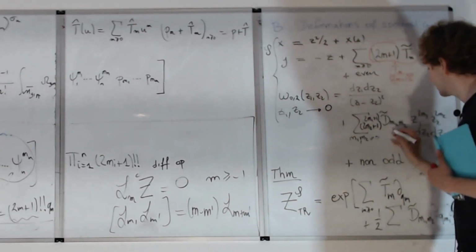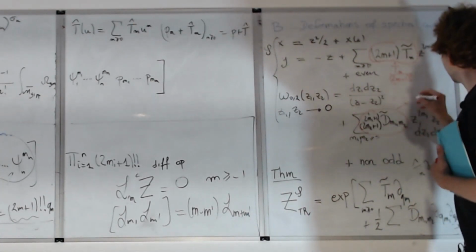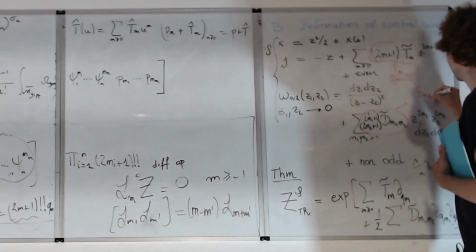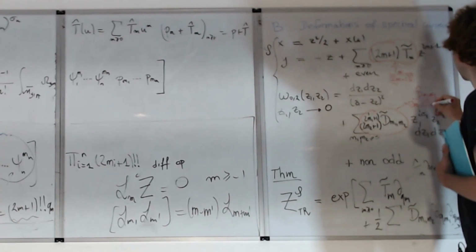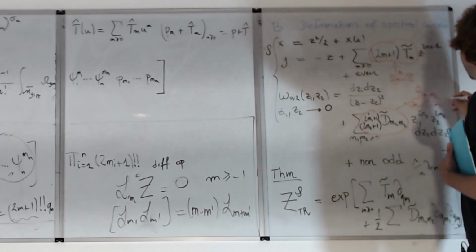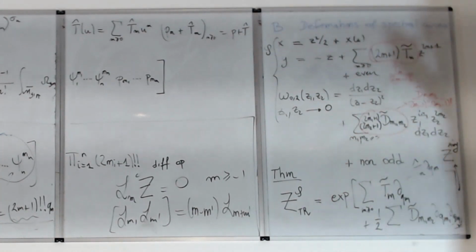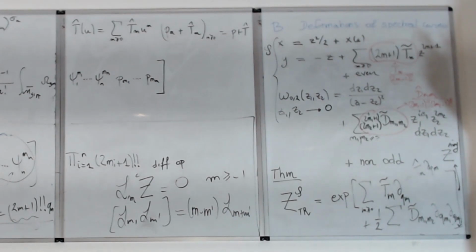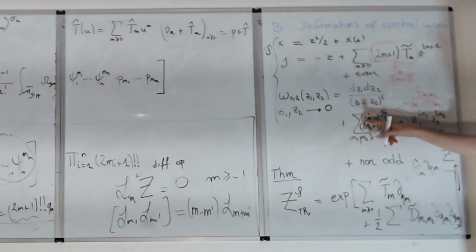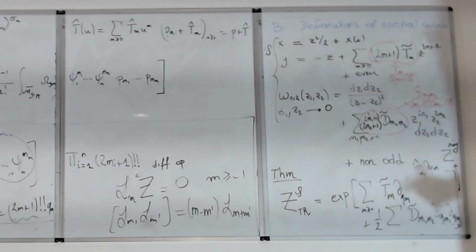And here this is d hat m1 m2 over (2m1-1)!! (2m2-1)!!. If m equals 0, by convention, minus 1 double factorial is equal to 1, which is pretty clear in the way that it occurs here.